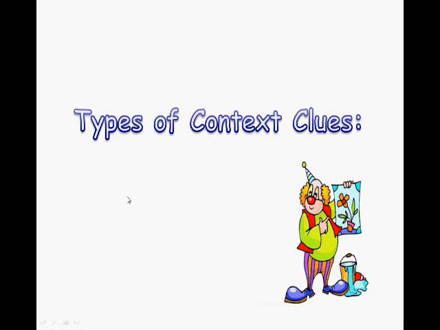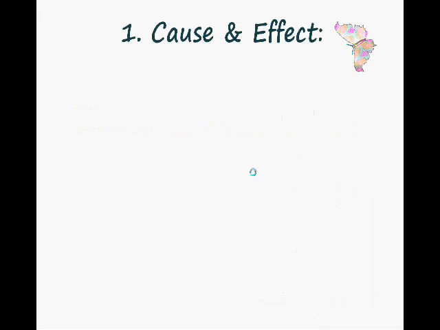Now let's look at types of context clues. Let's have a look at them and concentrate on the context clues, what to look at in the sentence. The first context clue is, of course, cause and effect.